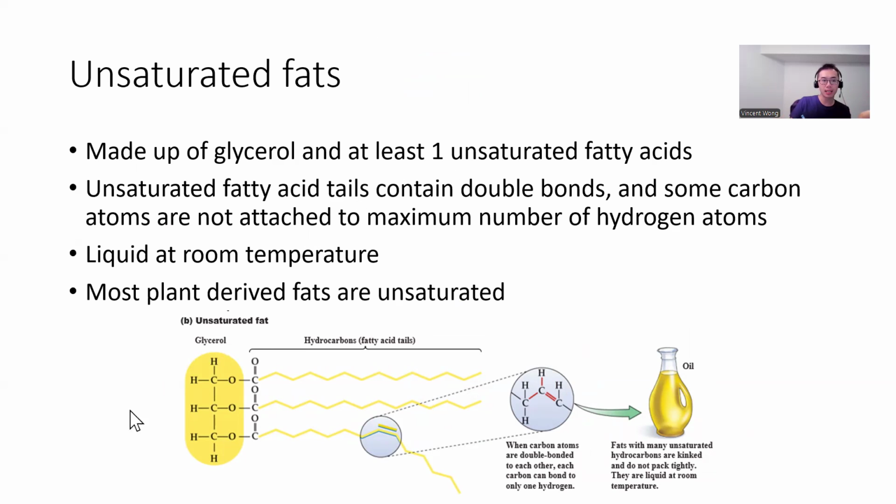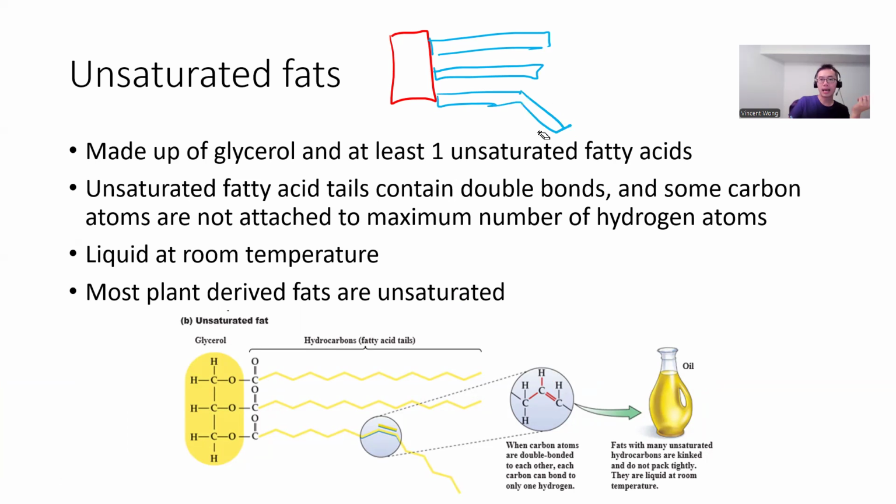To make up unsaturated fatty acid, the components that you need include, once again, the glycerol molecule, and then you would have 3 fatty acids as well. So there's 1 fatty acid, 2nd fatty acid, but at least one of these fatty acids has to be unsaturated.